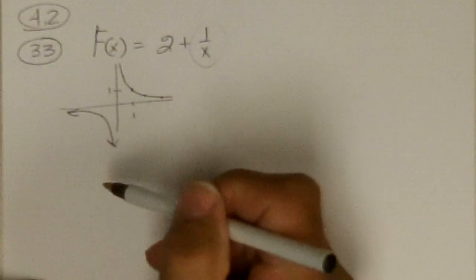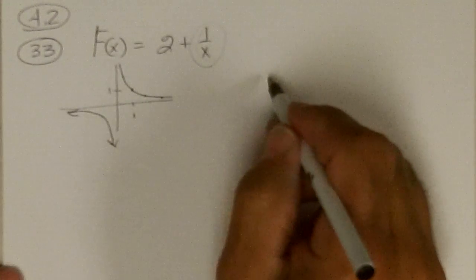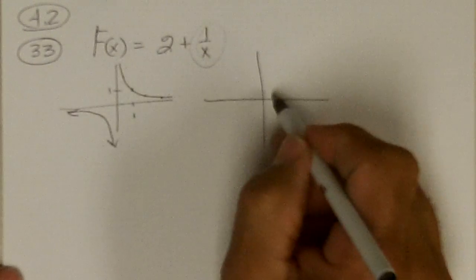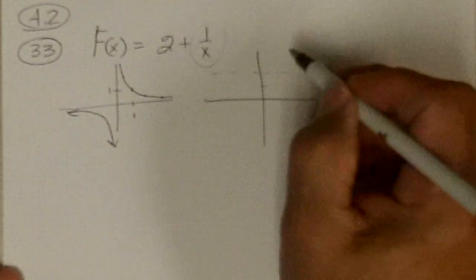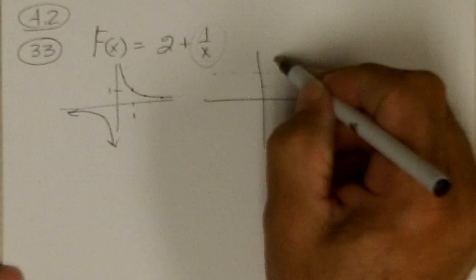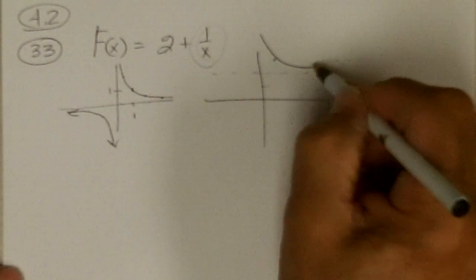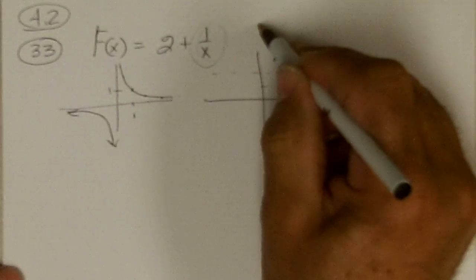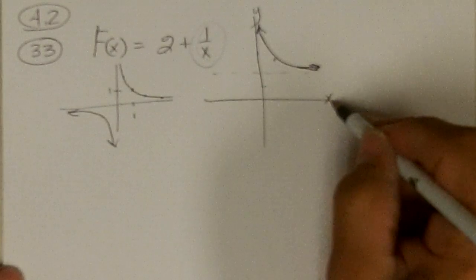So if I have that as the parent function here, and this says move it up 2, so it would look like 1, 2, and it would go up 1 over 1 from there, just like it did here, and curve like that, and go closer to the y-axis up here, and x-axis.